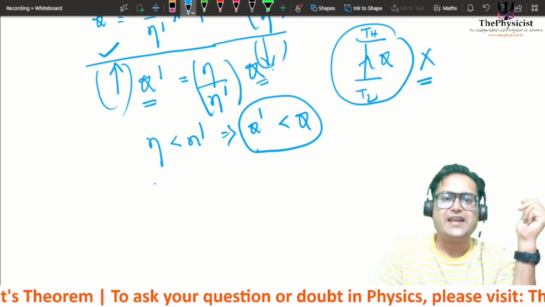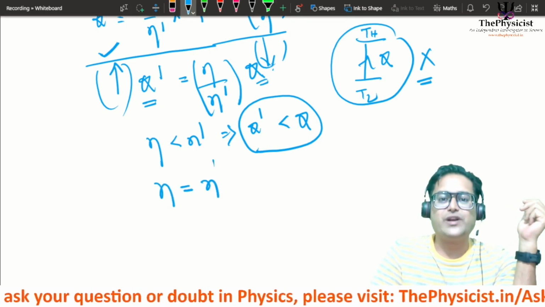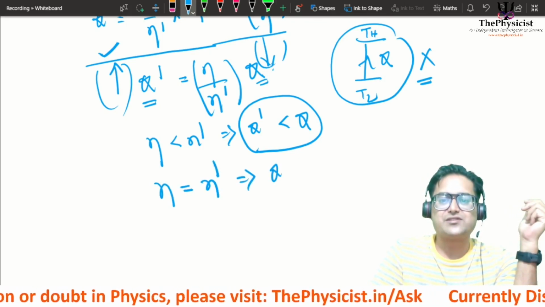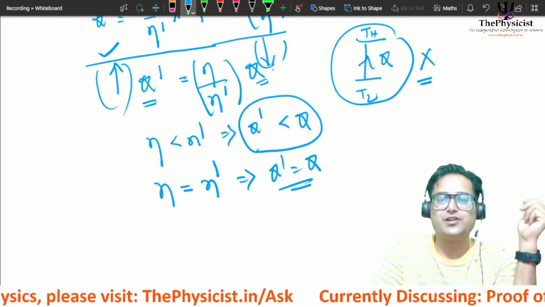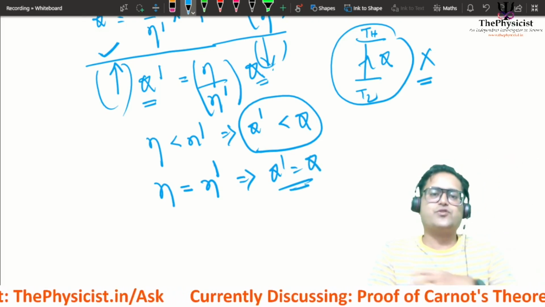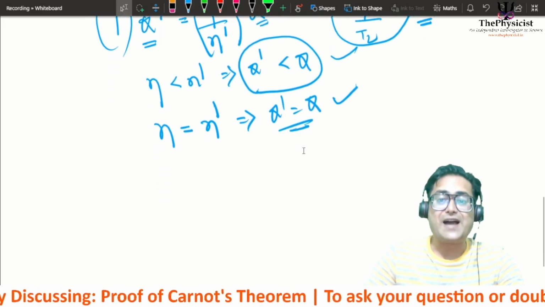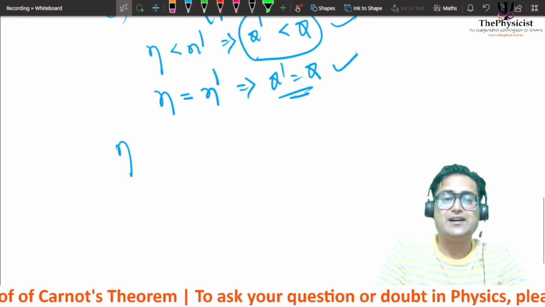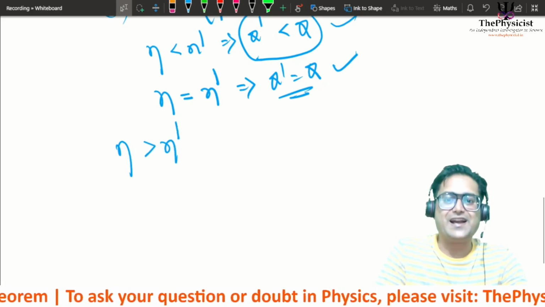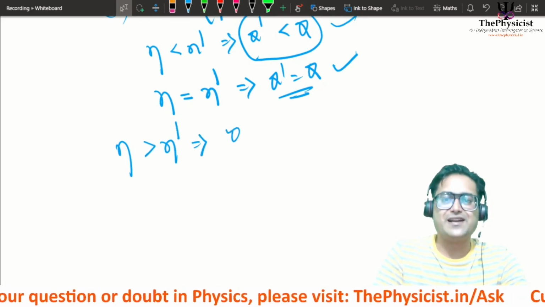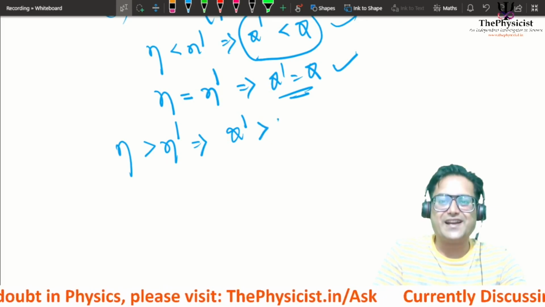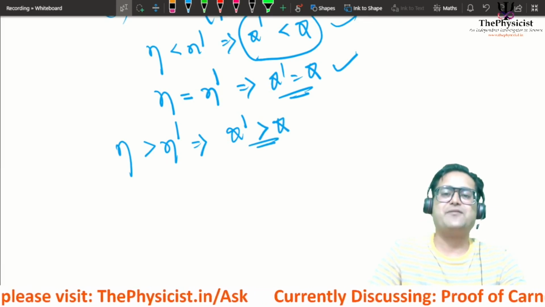That's fine. Eta can be equal to eta dash. In that case, Q dash will be equal to Q, a perfect engine. Whatever heat you are taking from the source, you are returning exactly the same amount. That is feasible. What happens if eta is greater than eta dash? That simply means that the heat you are returning is greater than the heat you have taken.